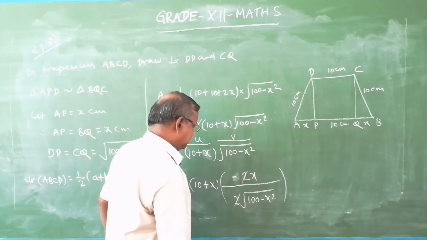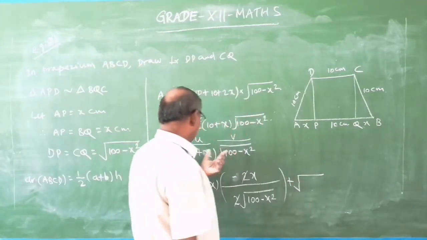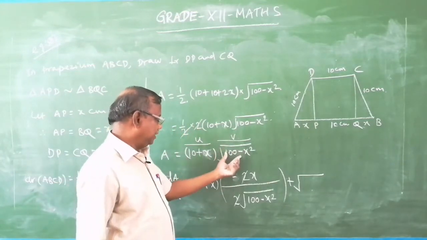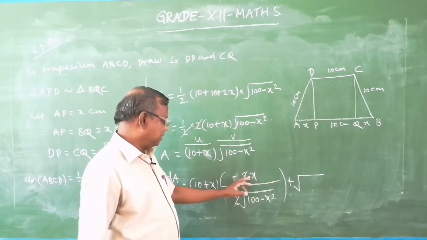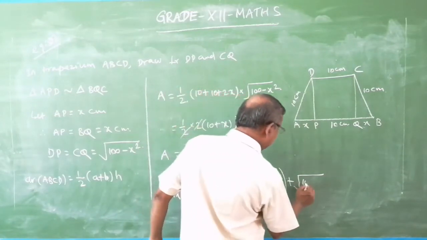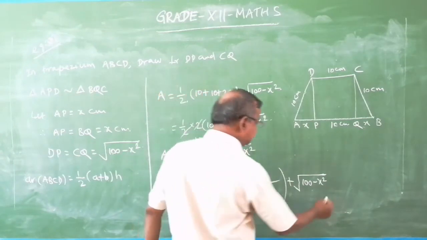So 2 we can cancel. Plus v into u dash, root of 100 minus x square into 1.